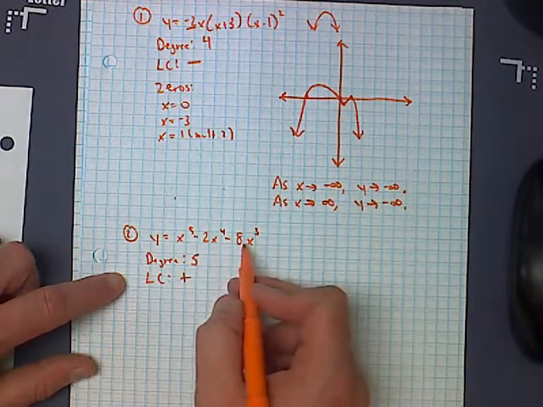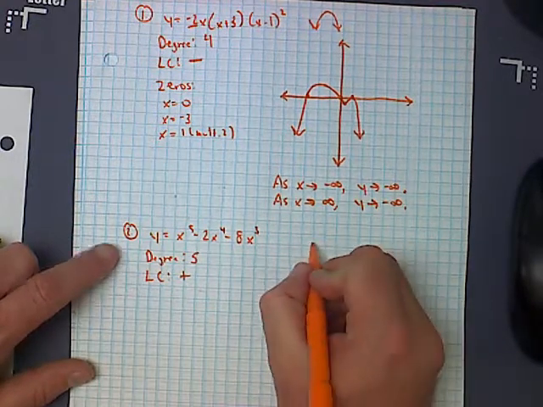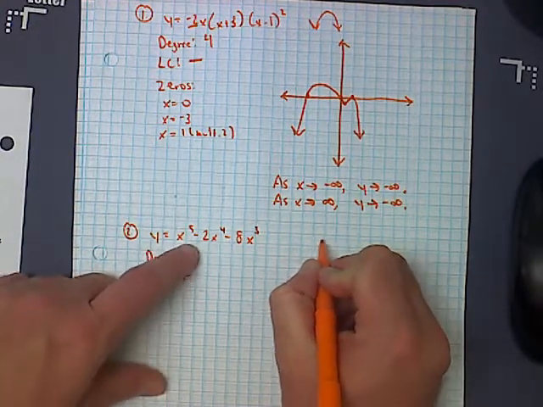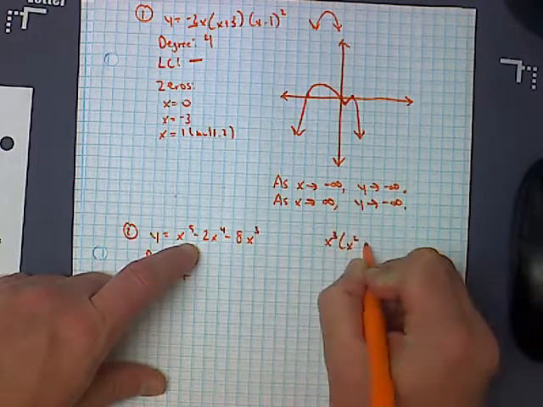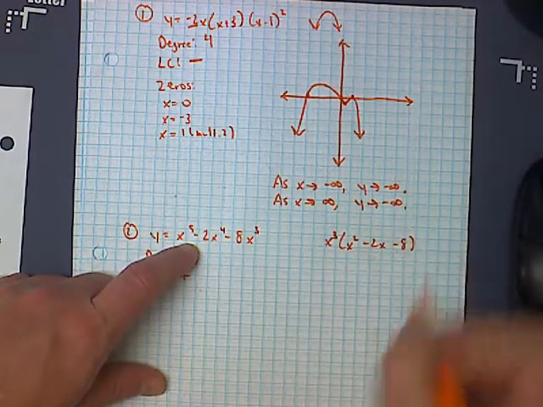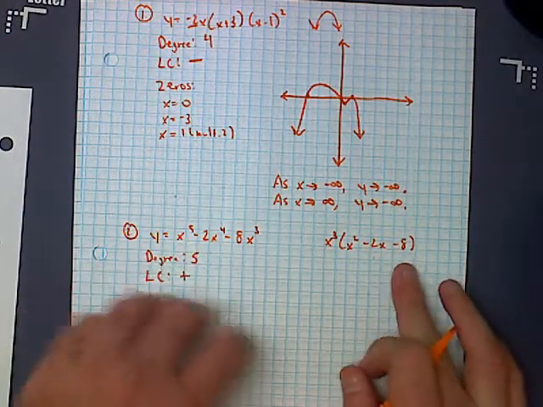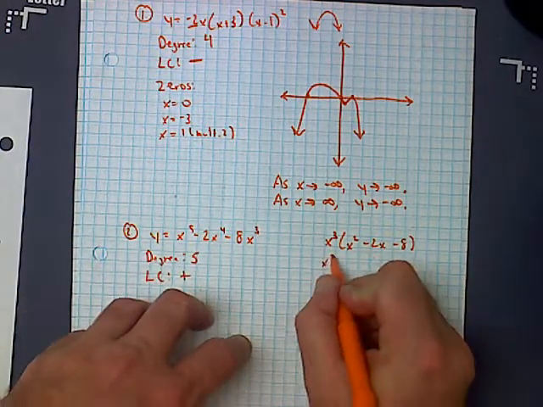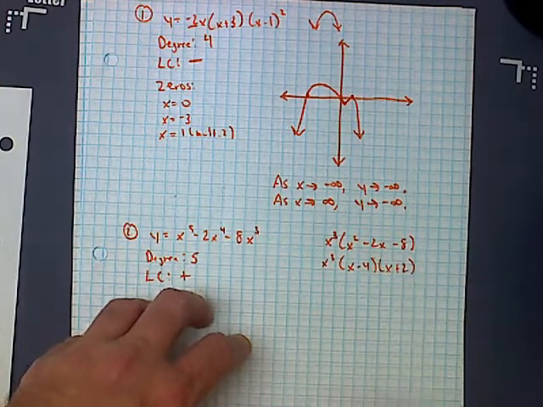Now, we need to put it in factored form so it would be easier to look at and determine a zero. So, the only thing I can do right now is GCF, so I take an x cubed out. That leaves an x squared minus 2x minus 8. Now, look inside that. That looks easy to me. So, x cubed times x minus 4 and x plus 2.